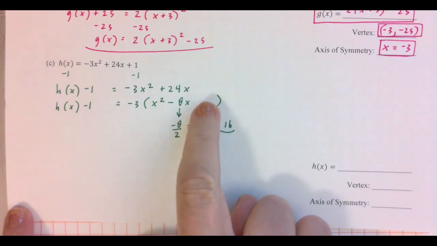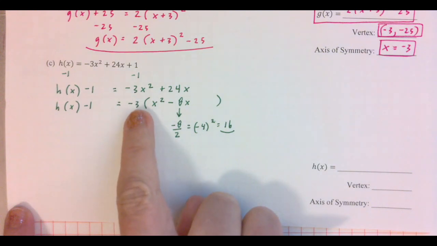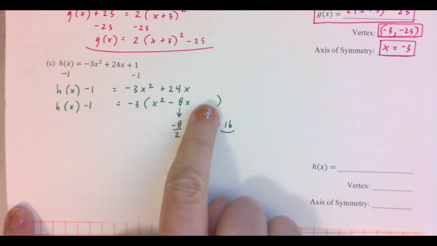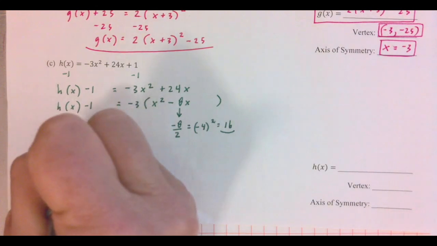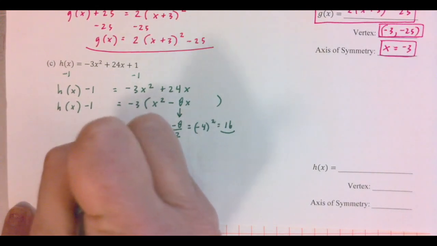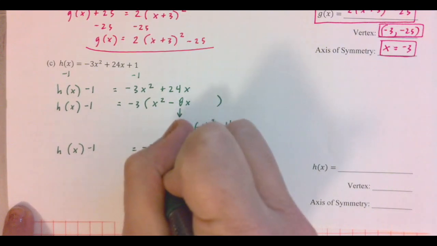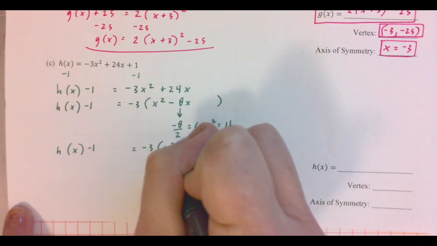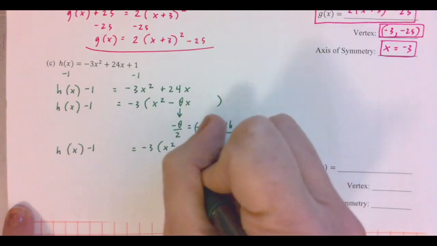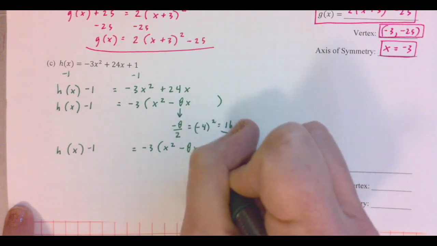So even though I'm going to put a 16 right in here, I have to remember that I'm really multiplying by a -3 times that 16. So when I rewrite this, I have h of x minus 1. I'm going to leave room to add something. Equals -3 times, in parentheses, x squared minus 8x plus 16.